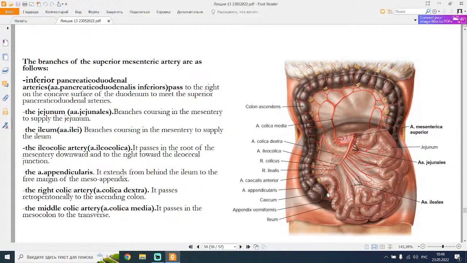It extends from behind the ileum to the free margin of the mesoappendix. Next, colica dextra. It passes retroperitoneally to the ascending colon.